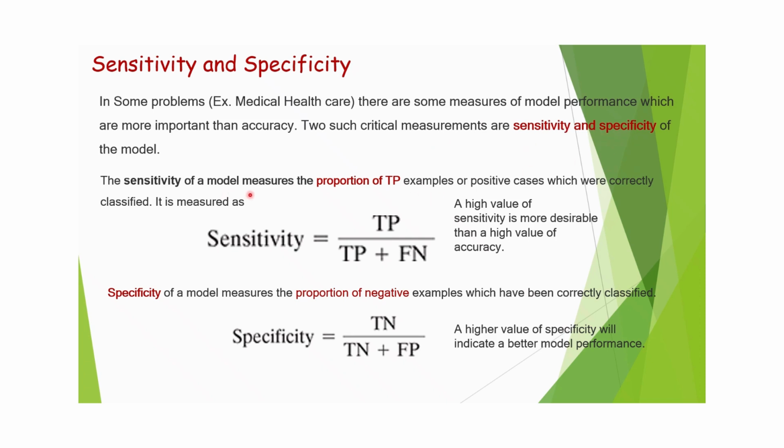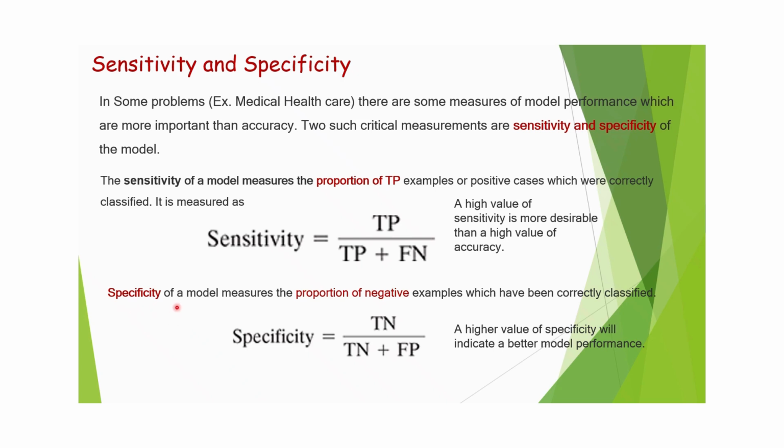The sensitivity of a model measures the proportion of TP examples or positive cases which were correctly classified. Here, sensitivity is equal to the total number of true positives divided by true positives plus false negatives. A high value of sensitivity is more desirable than a high value of accuracy.